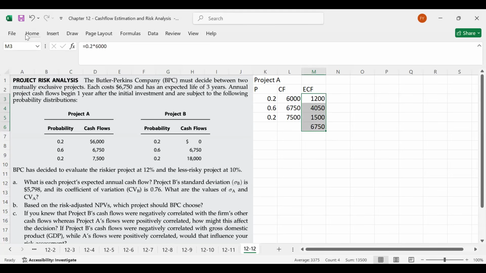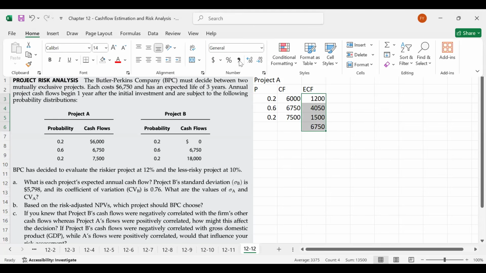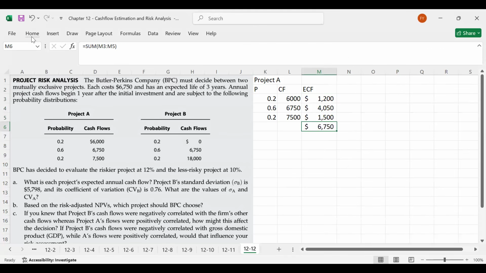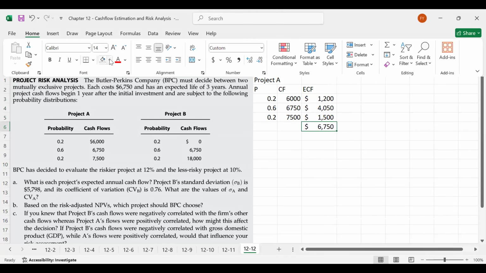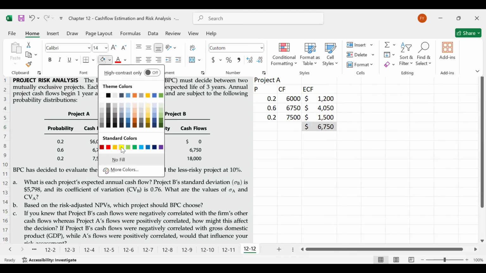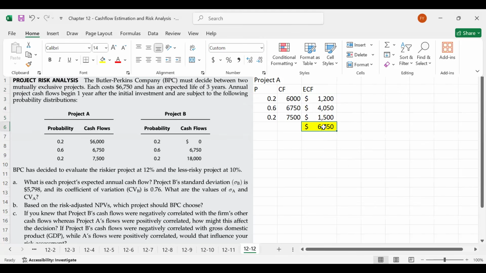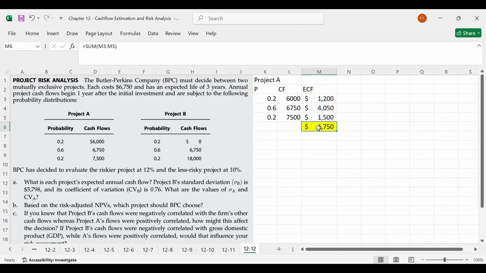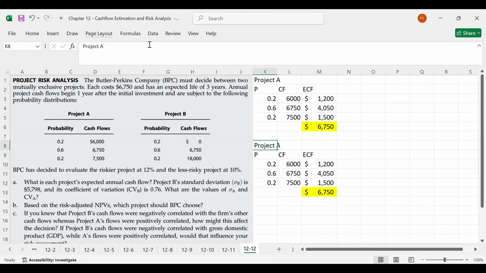$6,750. So this is the first requirement, requirement A, in which we have calculated expected cash flows of project A. Similarly, we are going to repeat the same calculation for project B. And in project B, the cash flows which are given are 0, 6750, and then we have $18,000.